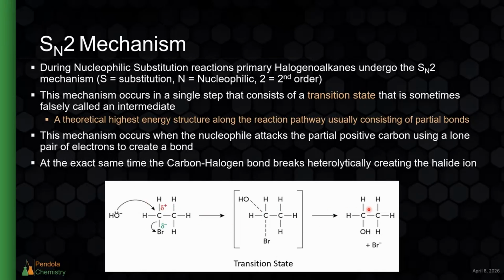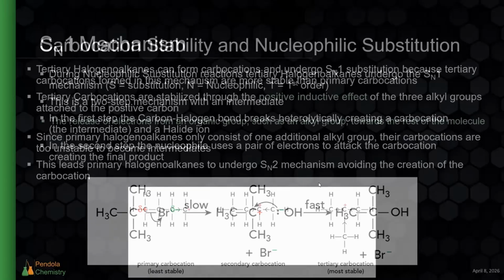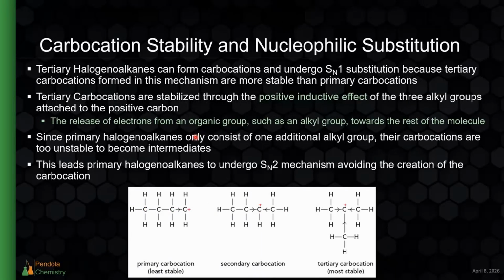There is no carbocation present because the nucleophilic attack, the attachment of the nucleophile, happens at the same time as a carbon-halogen bond breaking. We do not create a carbocation during this SN2 mechanism. And that's where the key difference lies between these two reactions.